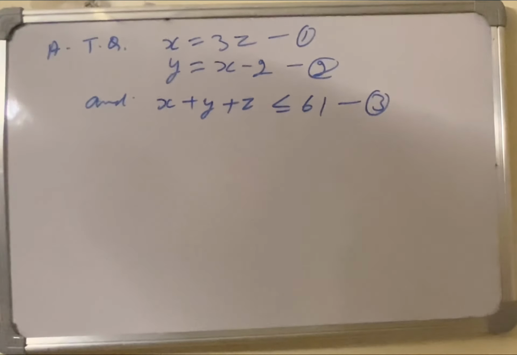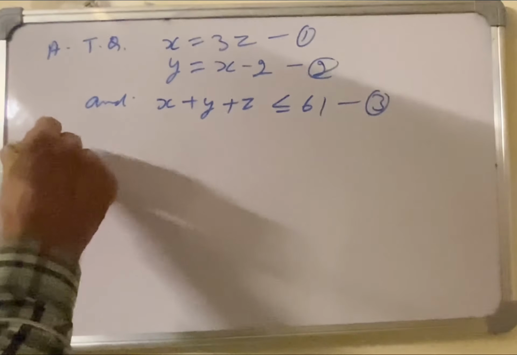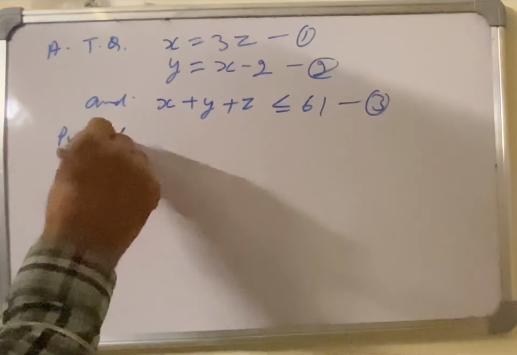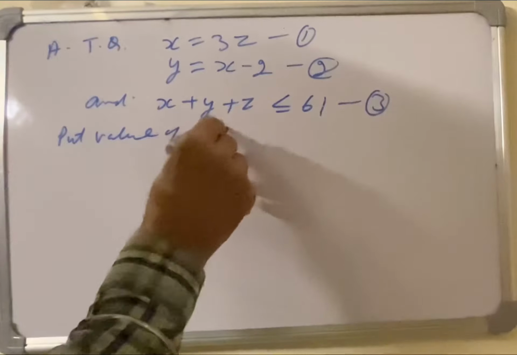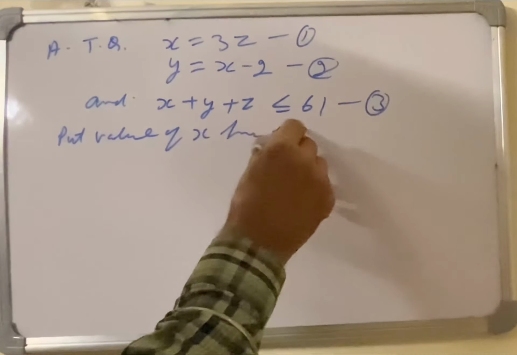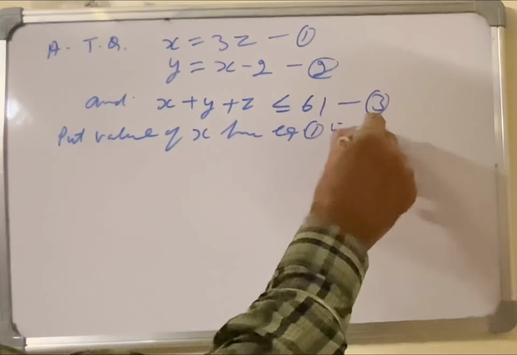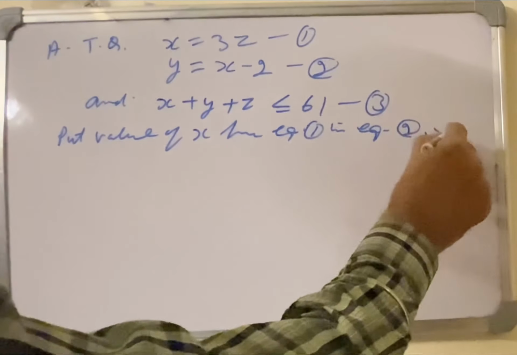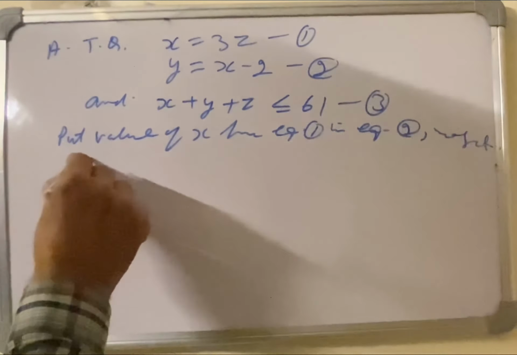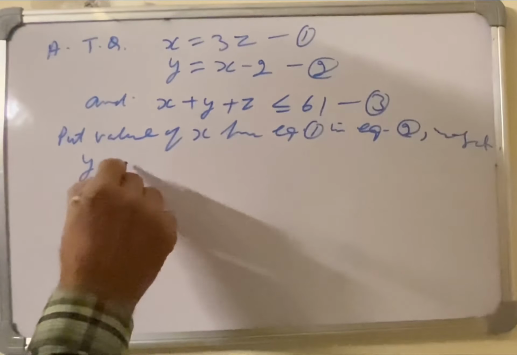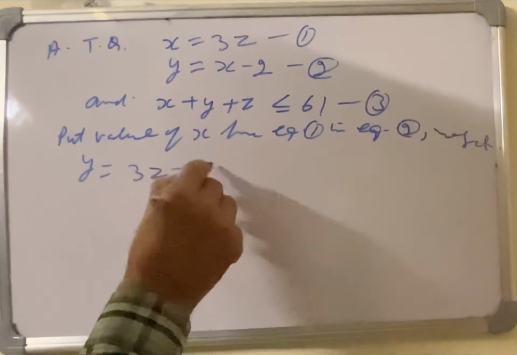Now put the value of x from equation 1 in equation 2. We get y is equal to 3z minus 2.